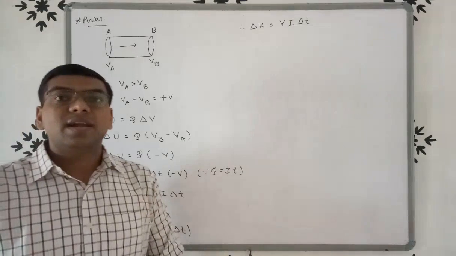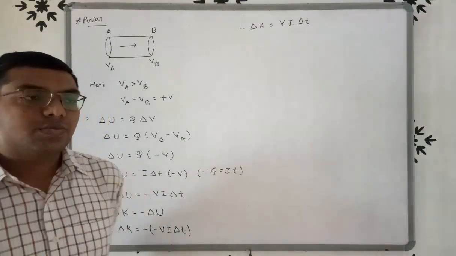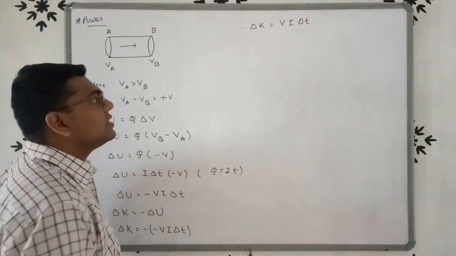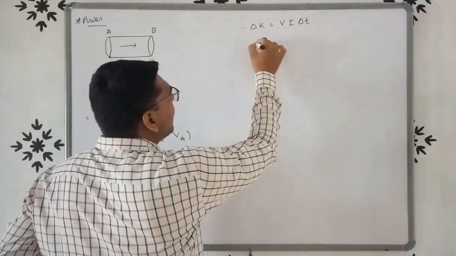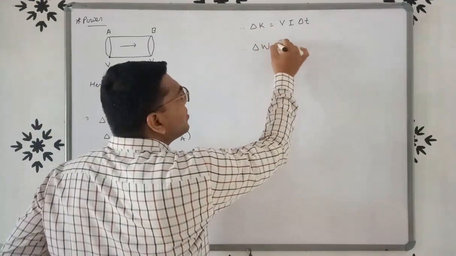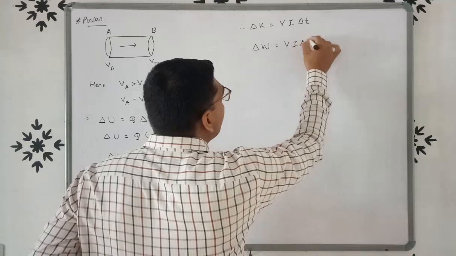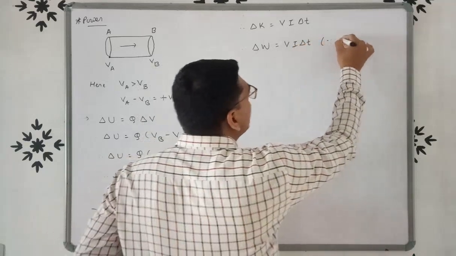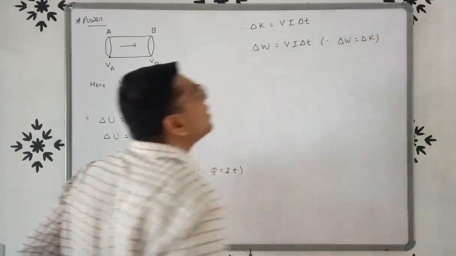But we know that work is equal to the change in kinetic energy, so instead of delta K we can write delta W. So delta W is equal to VI delta t. Why? Because we know that delta W is equal to delta K.